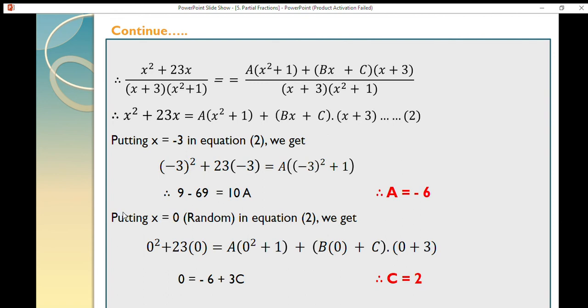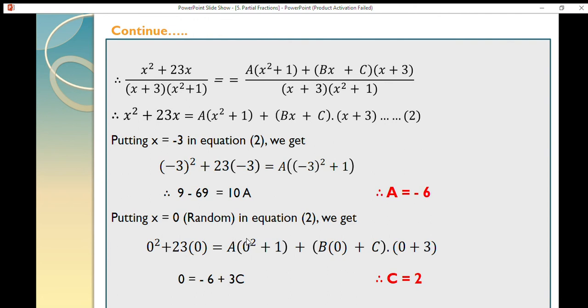So let us substitute x is equal to 0 first. This is our random value which we are considering. It will not come from any factor. So put this value in the whole equation number 2. Okay, no term will be 0 now. So 0 square plus 23 into 0, your left hand side is 0. Now in the right hand side substitute 0 everywhere in place of x. This is your calculation. See, don't forget to put brackets, otherwise your answer will be wrong.